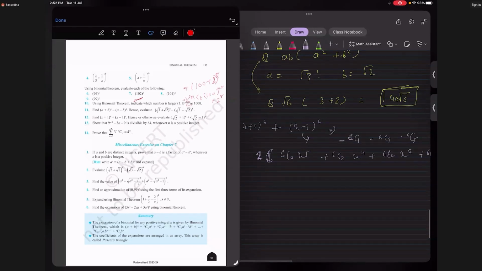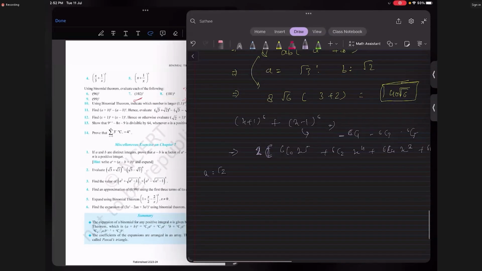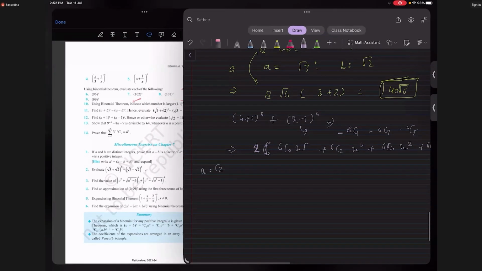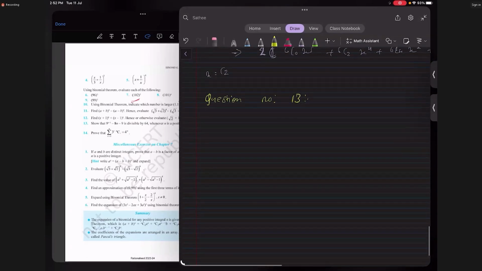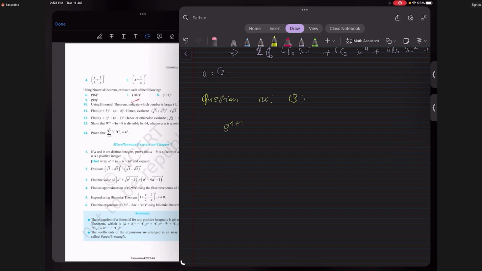So we move to question number 13 now. You have been asked to prove that 9 to the power n plus 1 minus 8n minus 9 is divisible by 64.